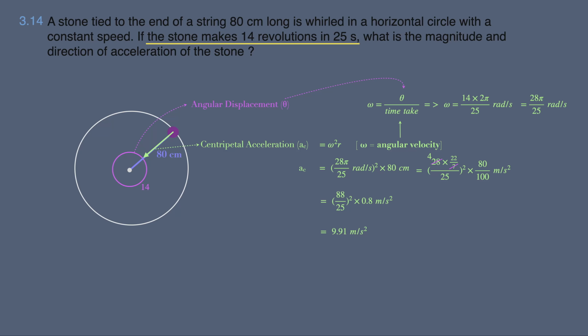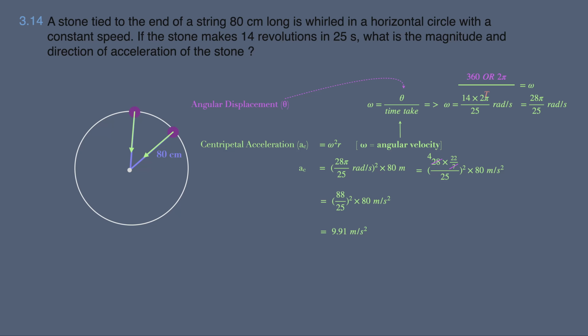But the question is not finished yet. We also have to find the direction of acceleration. So, let's look at the stone again. When the stone is at this position, the acceleration points in this direction, towards the center of the circle. Now, let the stone move to another position. What happens to the direction of acceleration? It changes, and this is the new acceleration. But notice something very important.